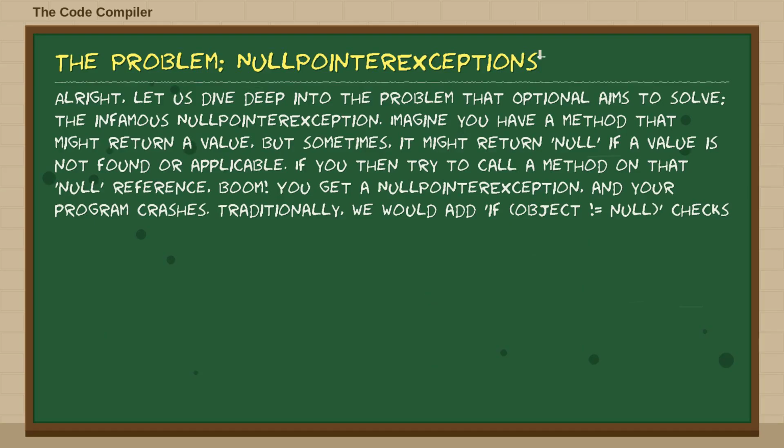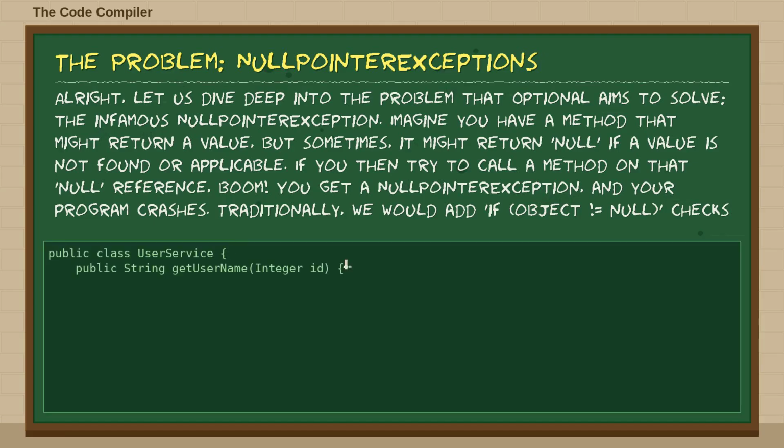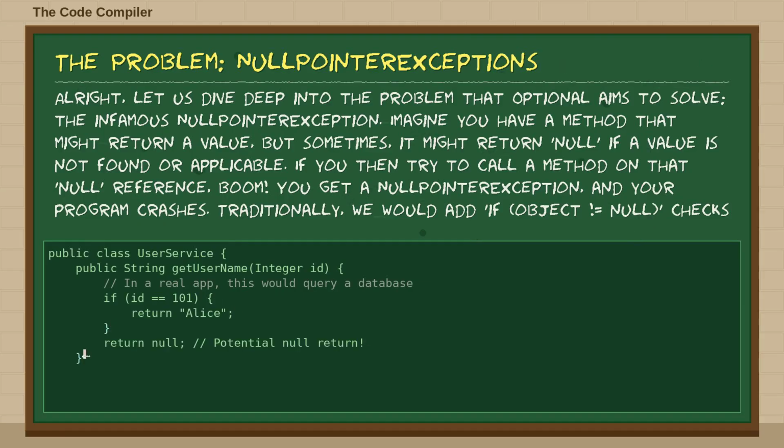This is a very common scenario in real-world applications, leading to unexpected behavior and bugs. The null pointer exception is a runtime error, meaning it is not caught by the compiler, making it tricky to detect until your program is actually running. This is precisely where the Java Optional class comes to our rescue.